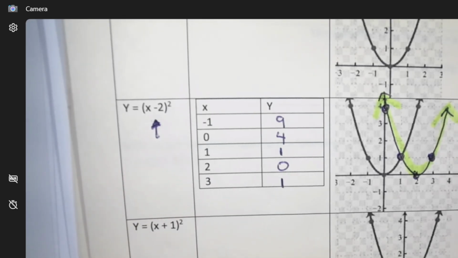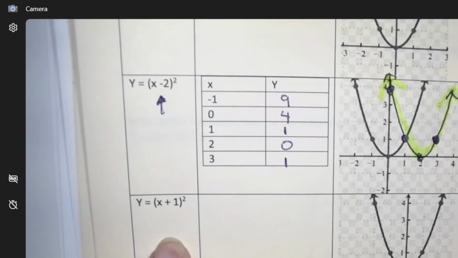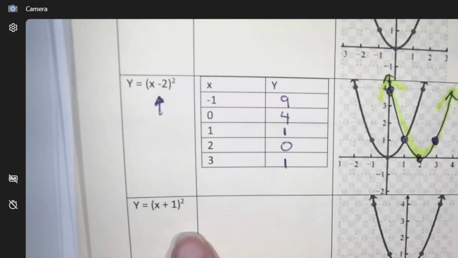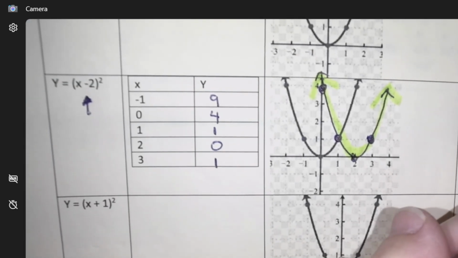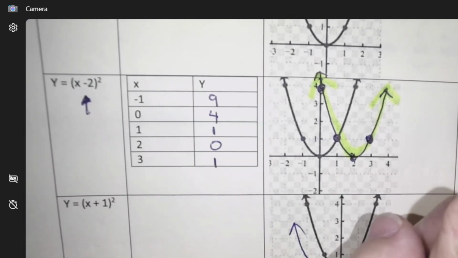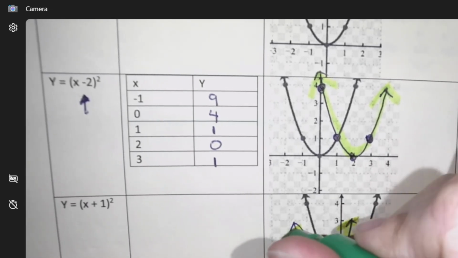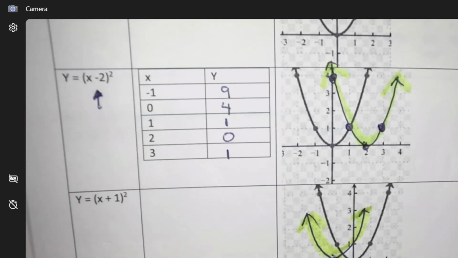It moved opposite. So what do you think this one would end up doing? It will move left 1. So there's a general idea of what it would look like. It will move left.